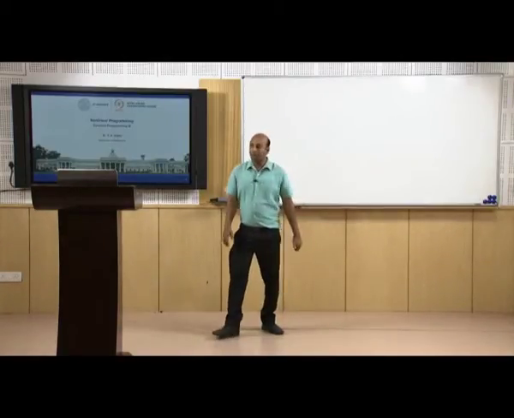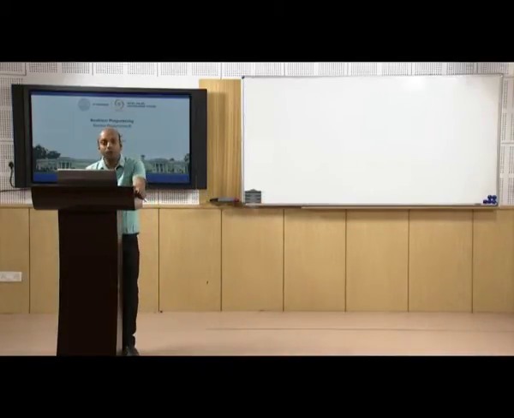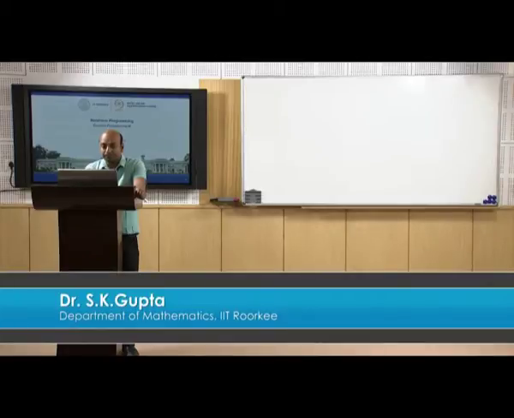Now we will see some more illustrations of how we can use dynamic programming to solve more optimization problems in discrete cases. So it is a one dimensional allocation problem.